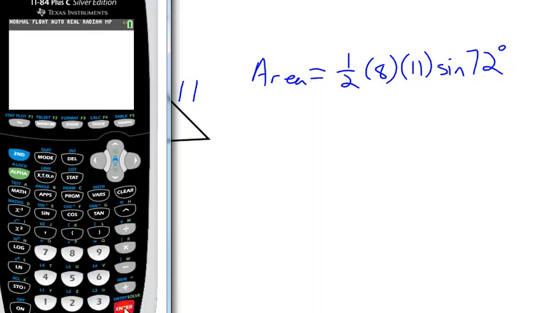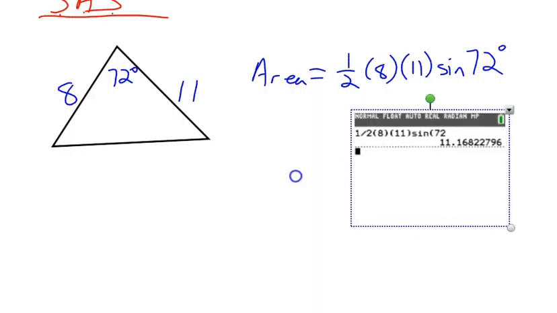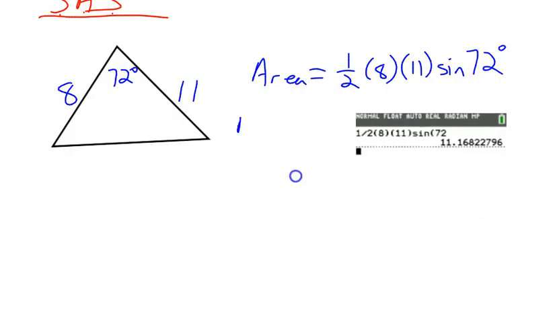All right, a little bit of enter. So the area of this guy is simply 11.17, I'm sorry, let me correct that, units squared. Okay.